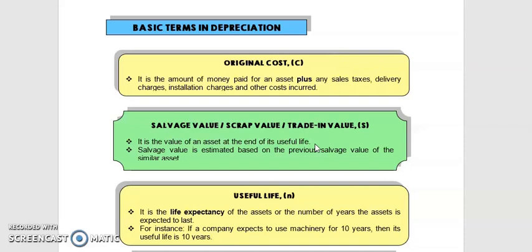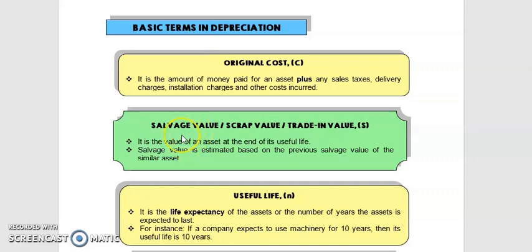So 2,000 is the scrap value, salvage value or trade-in value. Meaning that at the end of year 15, if you want to sell the car, you can sell it at 2,000 ringgit.